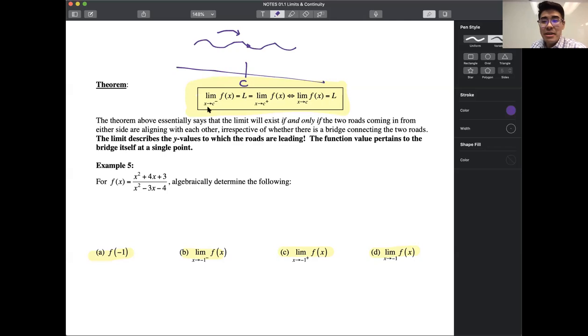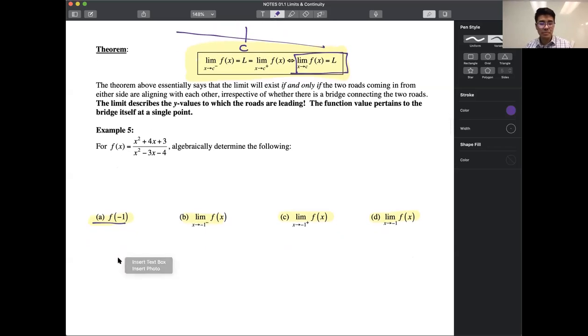And if the limit as x approaches from the left-hand side is equal to the limit as x approaches from the right-hand side, then that's when the total function is going to have a limit. And as we discussed, that's not necessarily what's going to happen if we have the value of a function equal to a certain number.